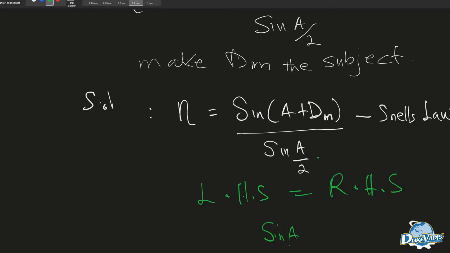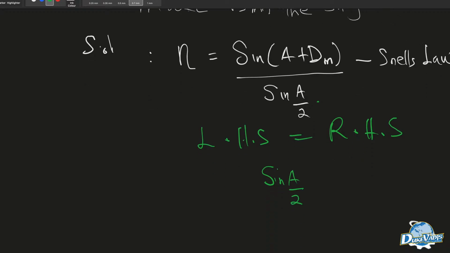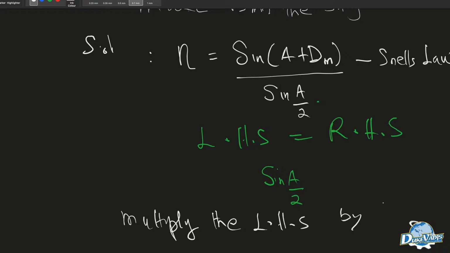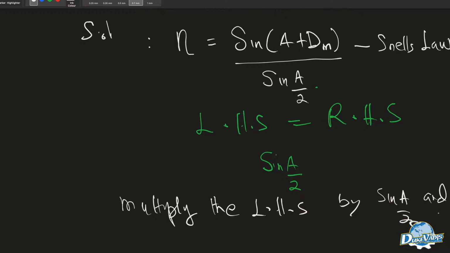What we have to do is get rid of it, meaning we multiply through by sine A over 2. So we multiply the left hand side by sine A over 2 and the right hand side by sine A over 2, just to get rid of it.